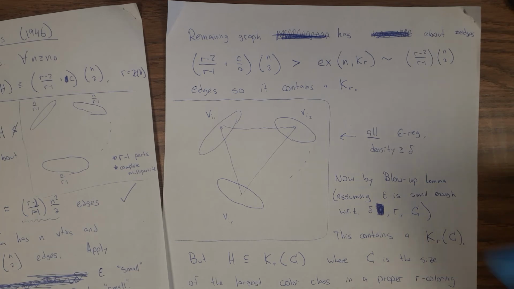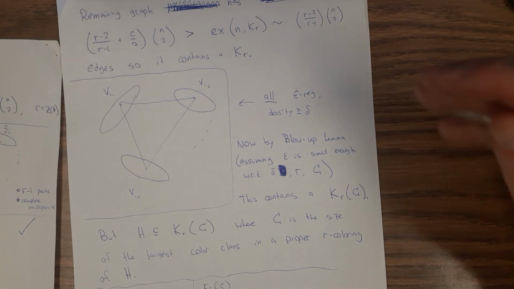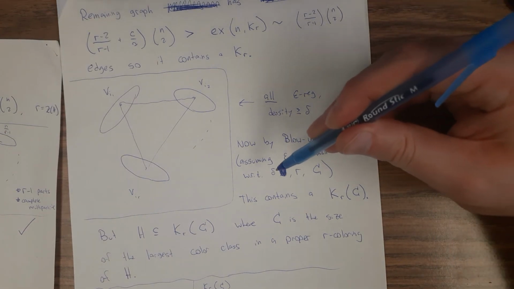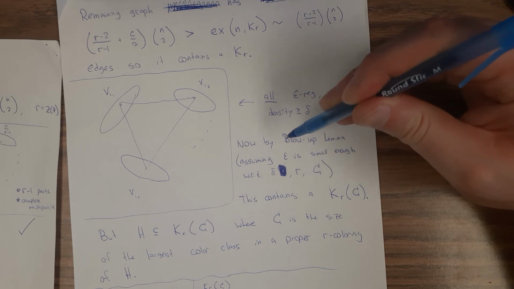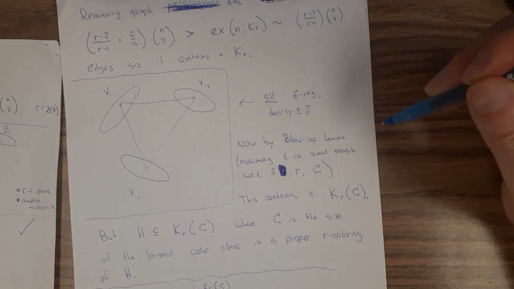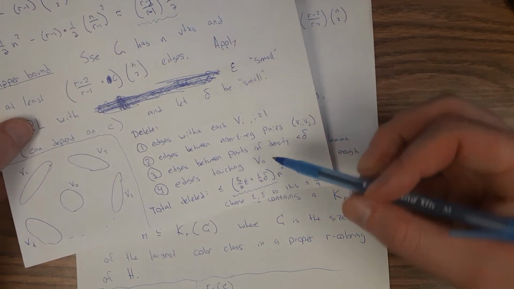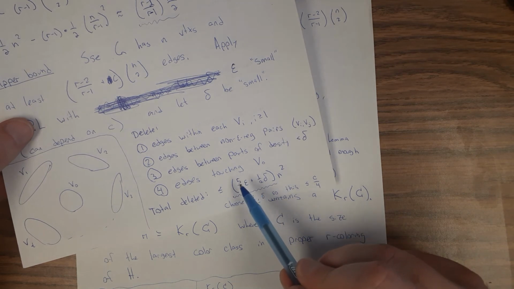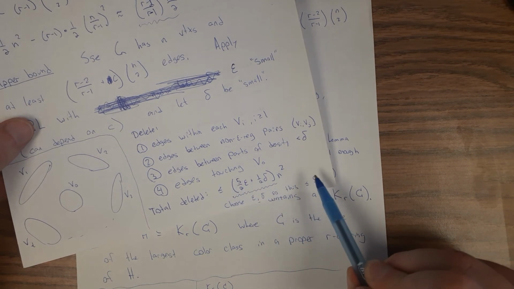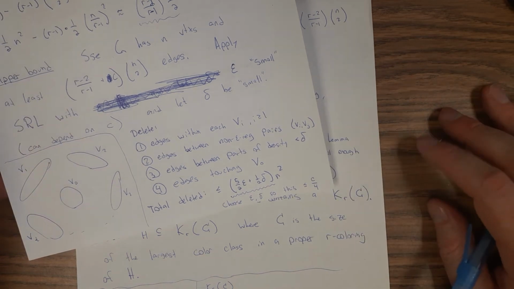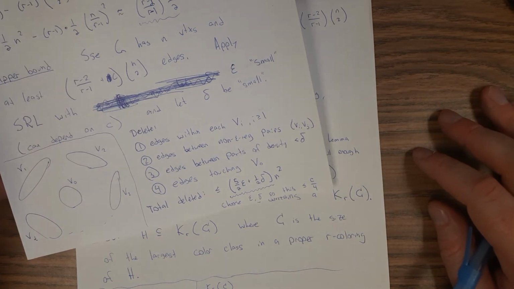Epsilon needs to be small enough with respect to delta and r and c to apply the blow-up lemma, and epsilon needs to be small enough just to make sure that this isn't bigger than c over 4, which we can always choose a small epsilon if we want.